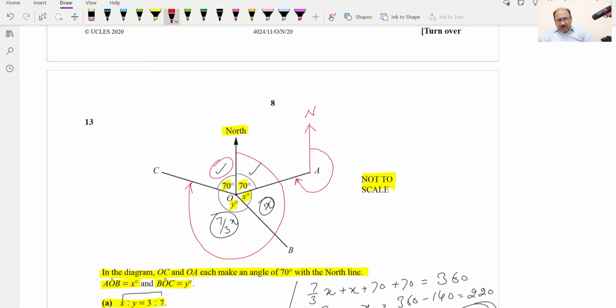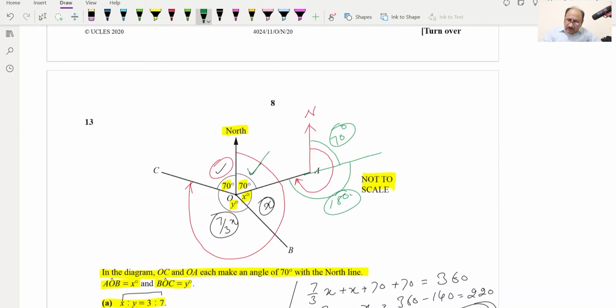To check how much this angle is, we can extend this line OA, and if we extend this line, this much angle is 70 degrees, which is the same as this angle, and this much angle is a straight line, which is 180 degrees.